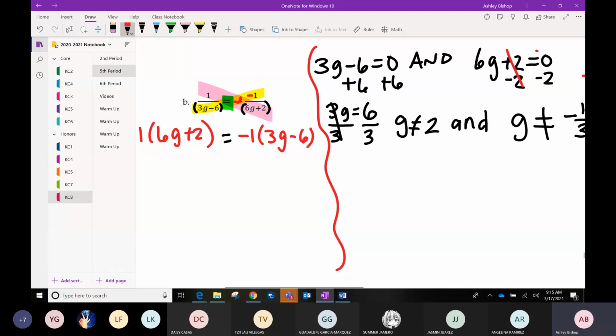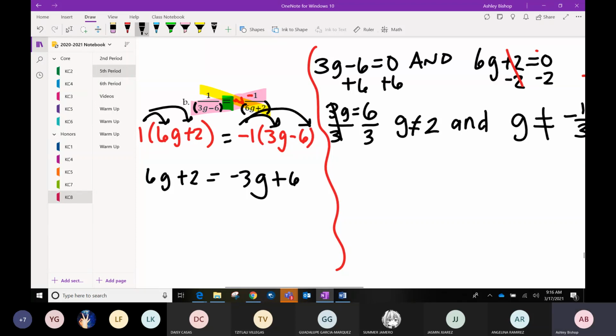Remember, this is a negative 1 because there's that negative sign right here. I crossed out this negative and moved it by that negative 1 because it makes more sense to put it there. Then we cross multiplied. 1 times 6G plus 2 will just give me 6G plus 2, equals negative 1 times 3G is negative 3G. Negative 1 times negative 6 is a positive 6.